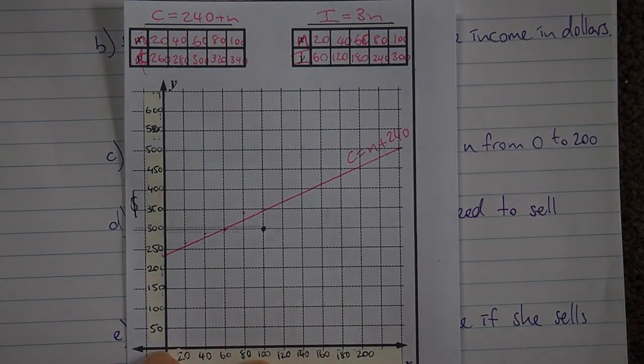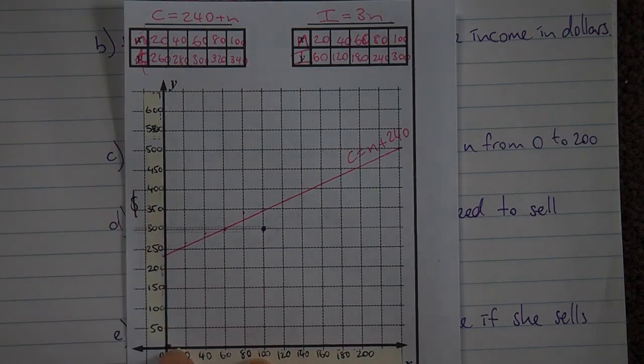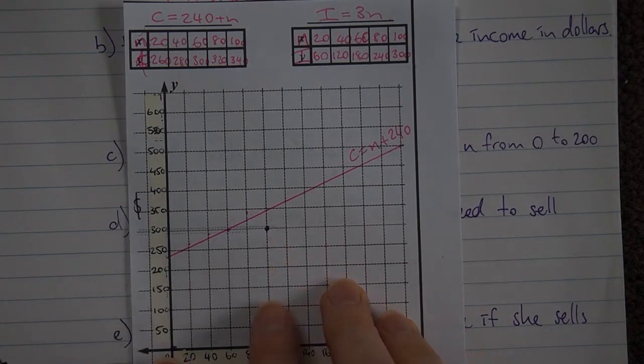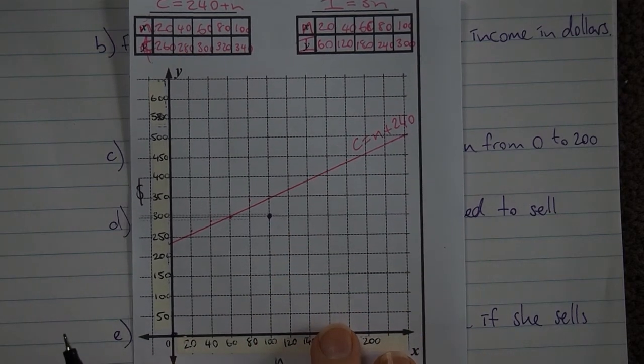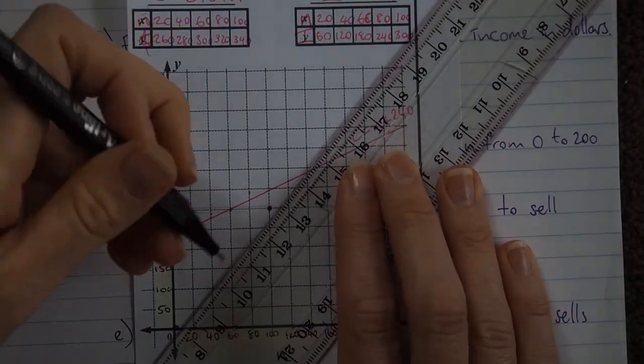So what's going to happen with the income is that when no product is made, it's 0. So you can actually really simply graph the income equation because you've got your two values and it's going to run through the origin, because obviously you cannot make any money when you haven't made any product. So I join my two values.